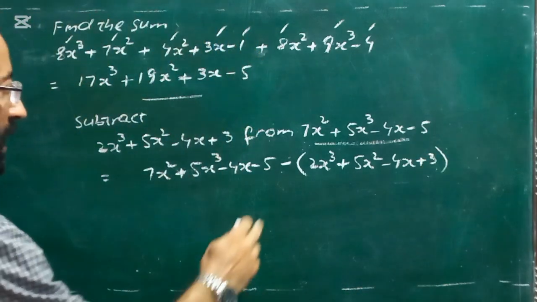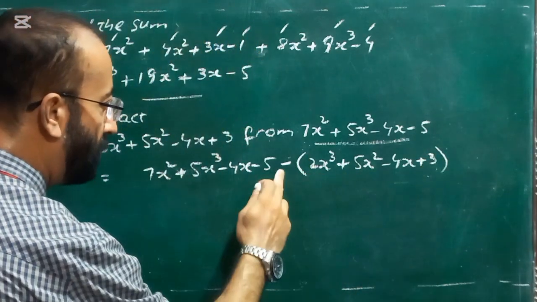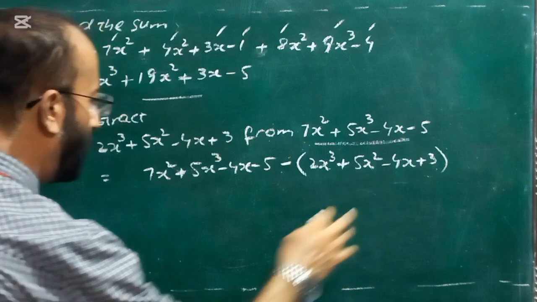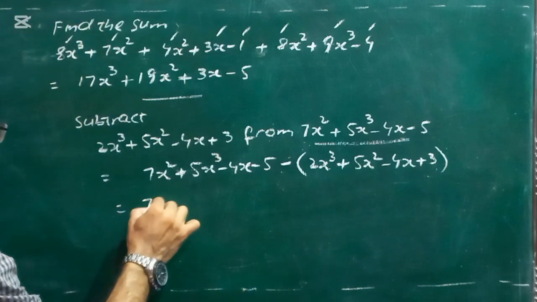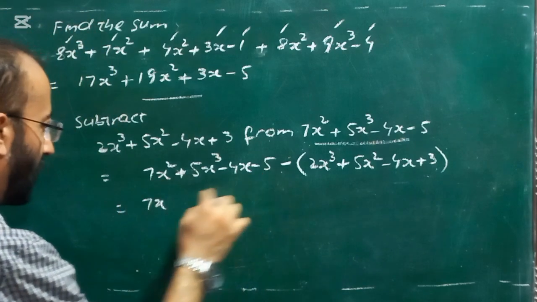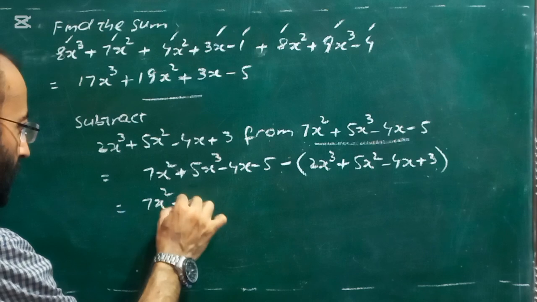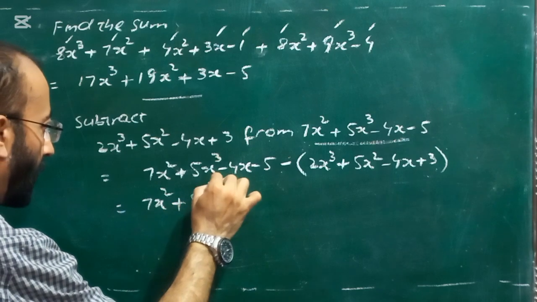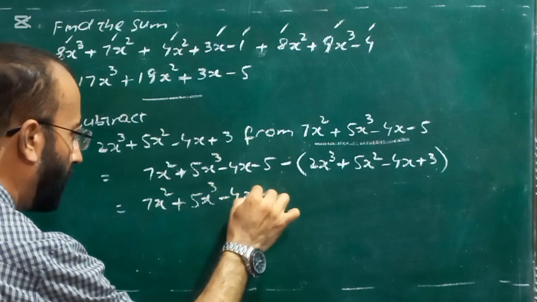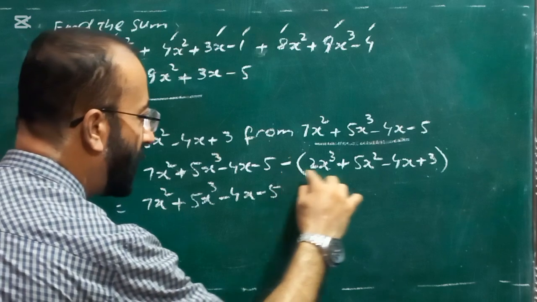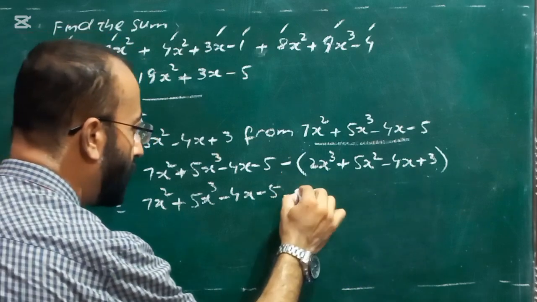The next step will be open the bracket, but because of this minus sign, signs will be changed now. So 7x square, this full value will remain as it is. Because of this minus sign, signs are going to be changed.